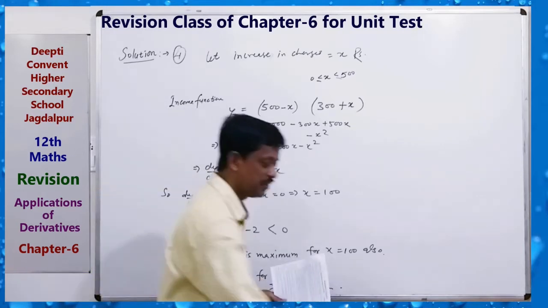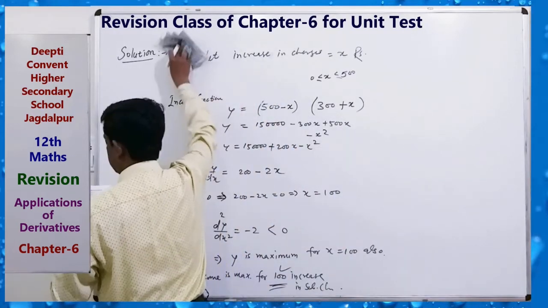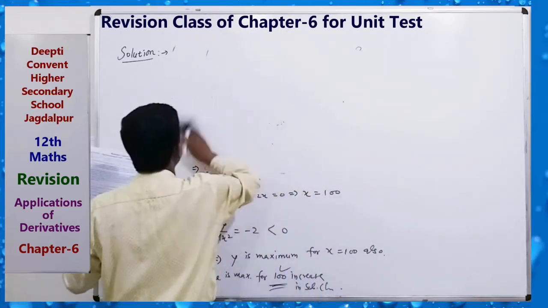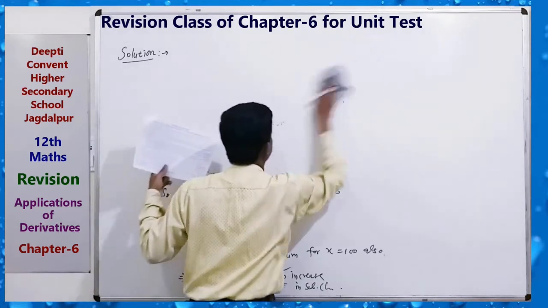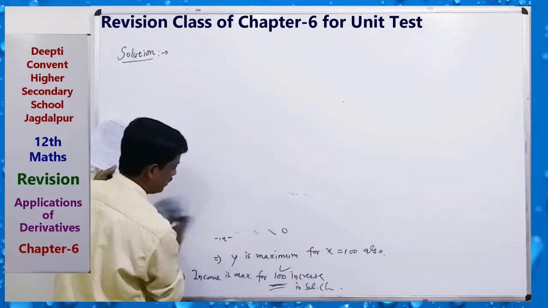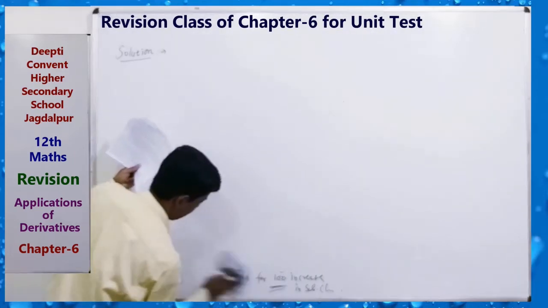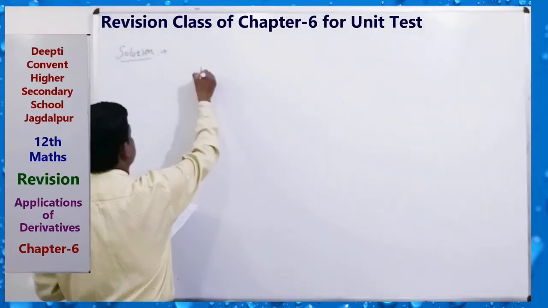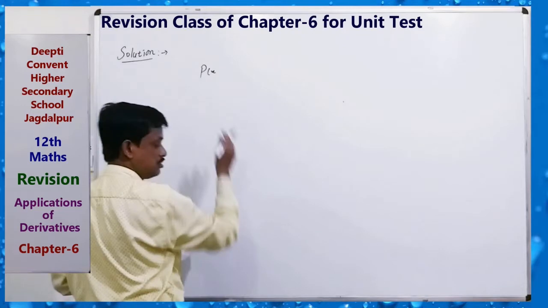So here also for question 5, you can get the answer. How? For question 5, the pollution function is given.